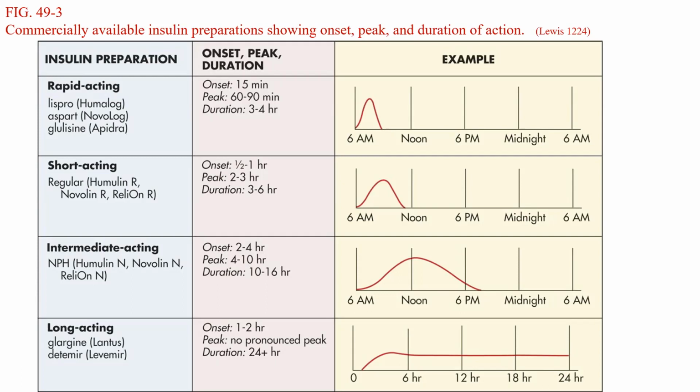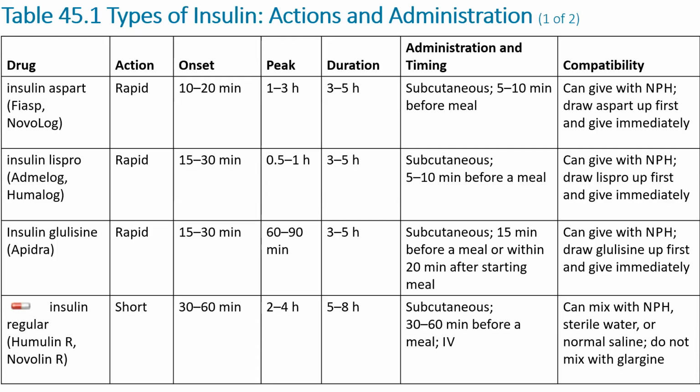Intermediate like NPH would be onset 2 to 4 hours, peak 4 to 10 hours, duration up to 16 hours. However, the long-acting will work over 24 hours. Onset 1 to 2 hours, but will have effect over 24 hours.